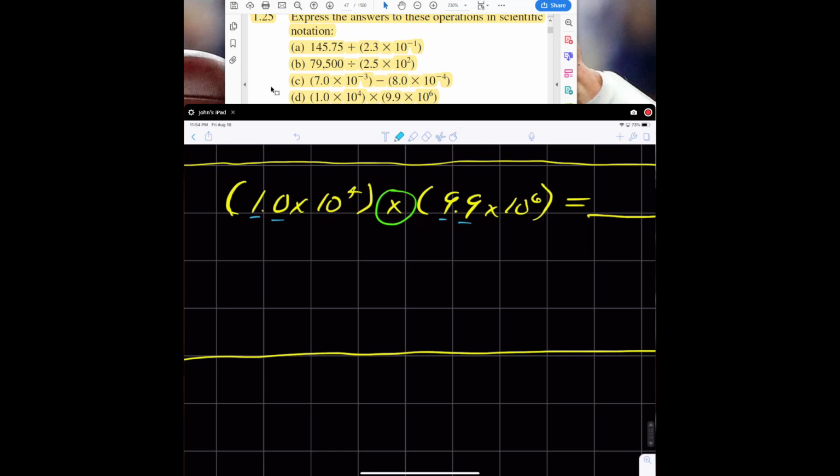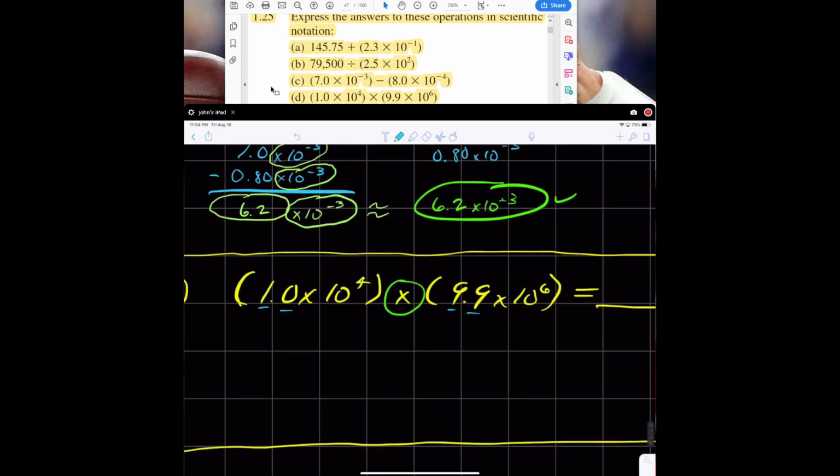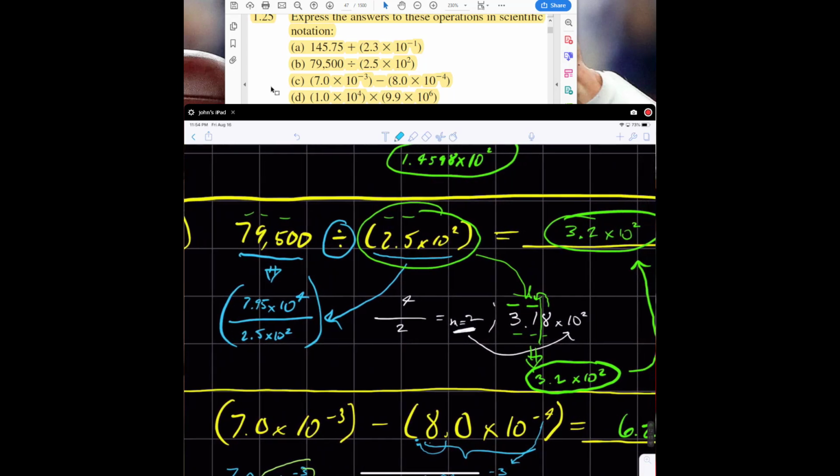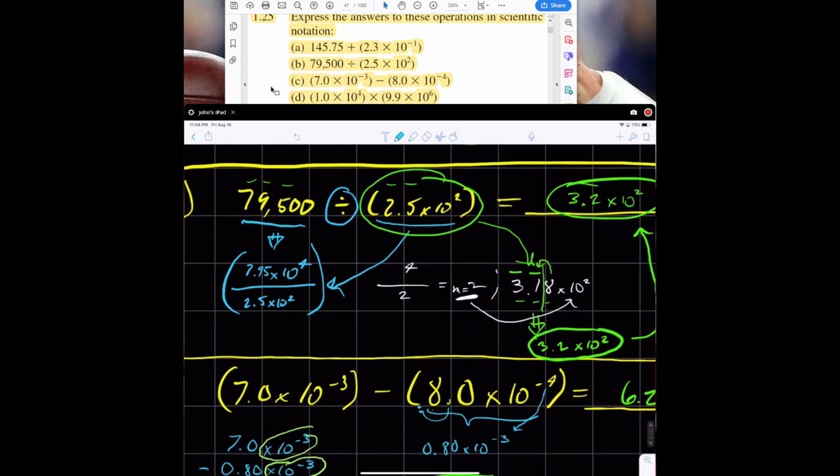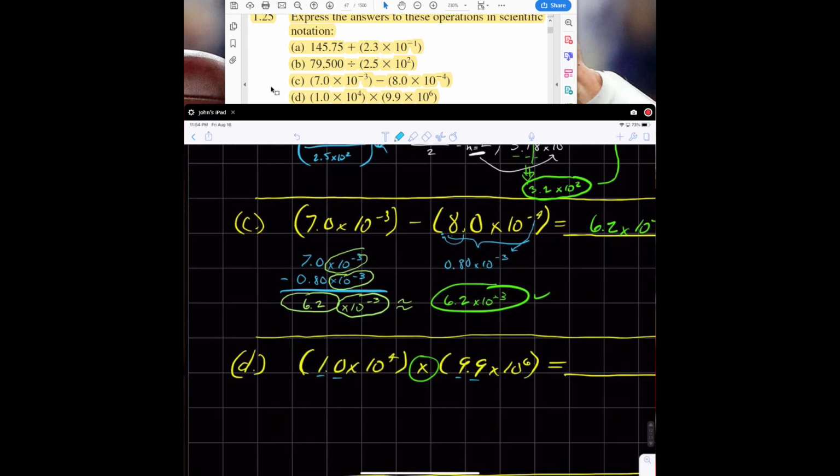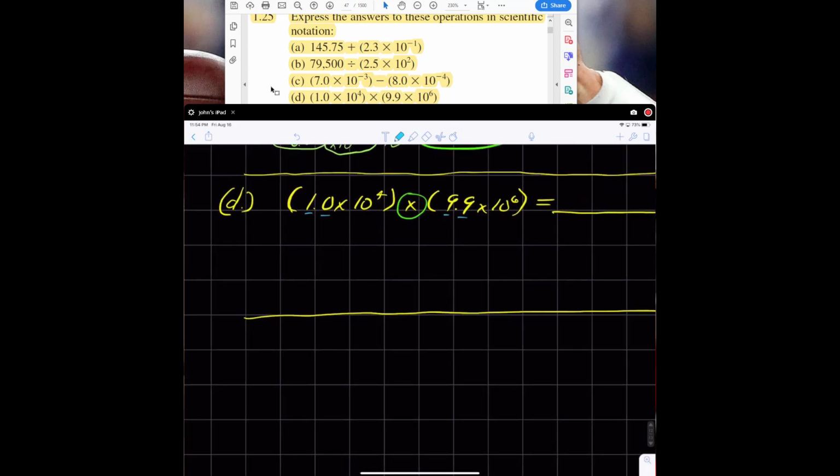And with the rules of multiplication and exponents, we simply add the exponents together. When we had division, we subtracted them, right? An earlier situation here, right? We had 4 and 2, we just subtracted them. But now, since we're doing multiplication, we add the exponents.